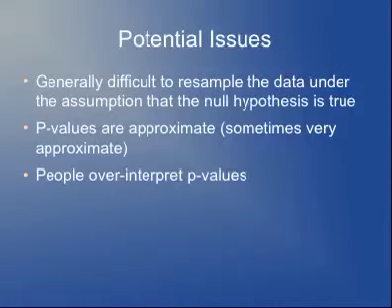If you get a test statistic that's too extreme, you assume that your null hypothesis must be false. Easy enough. Well, in general, to do hypothesis testing using bootstrapping, you need to resample the data under the assumption the null hypothesis is true. And in general, there's not necessarily an easy way to do that.